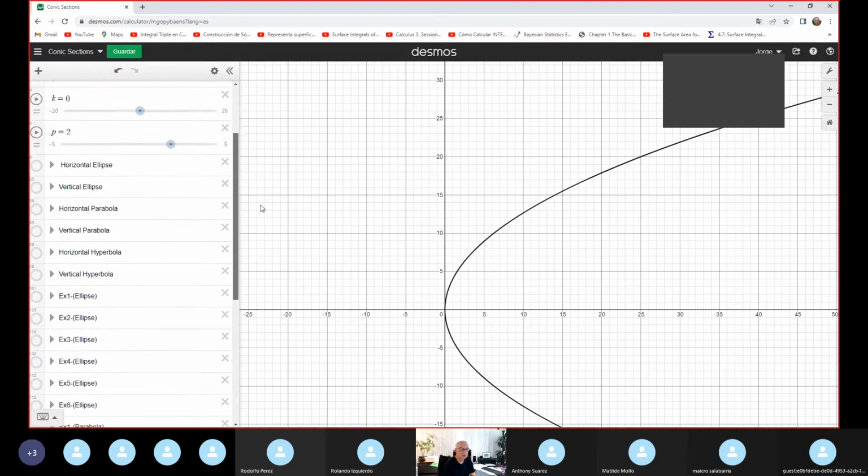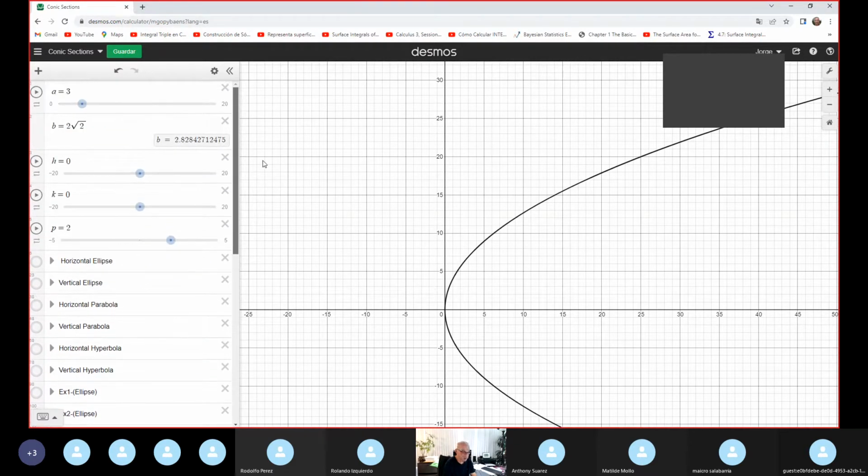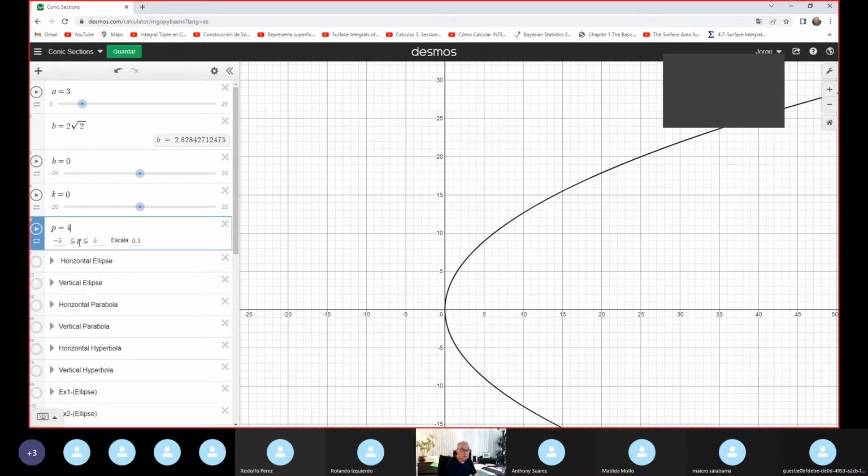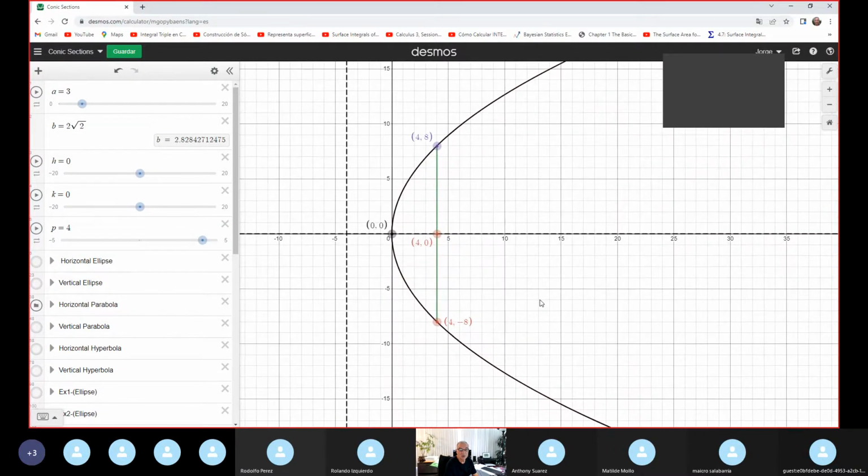To get the information, you define P as 4, and the rest, H and K, is 0. And you identify that we are talking about a horizontal parabola. Boom. There you go. Look at that. Vertex, focus, endpoint of focal diameter, directrix, and axis of symmetry.